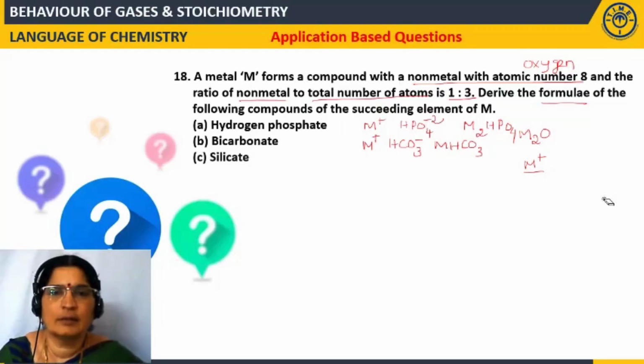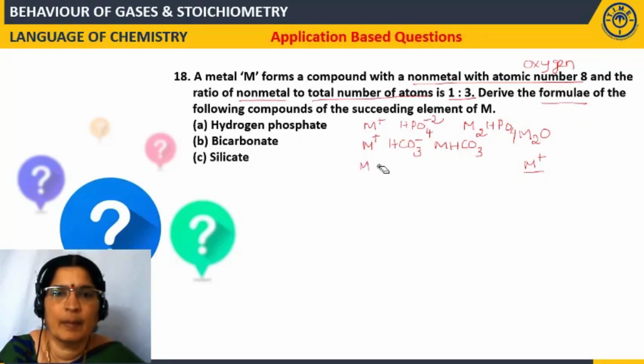Silicate: M plus and SiO3 minus 2, so M2SiO3.